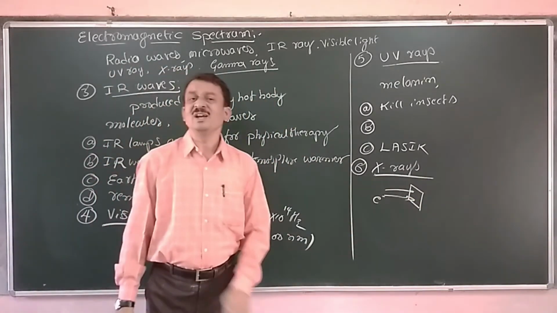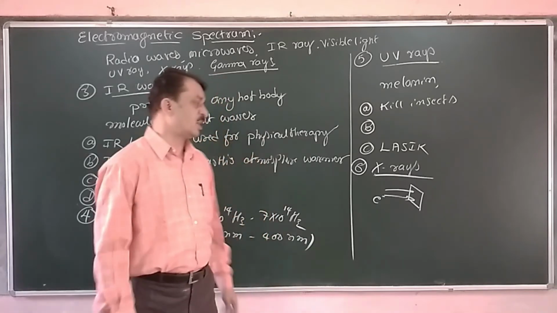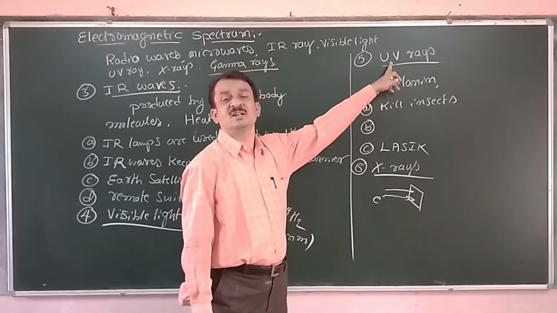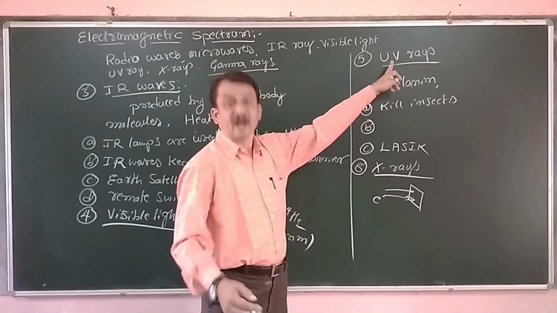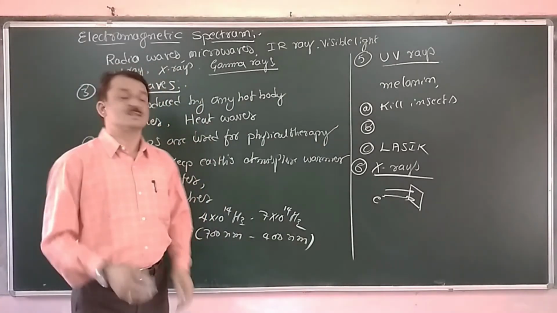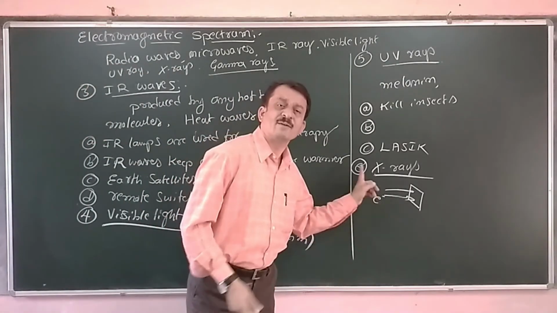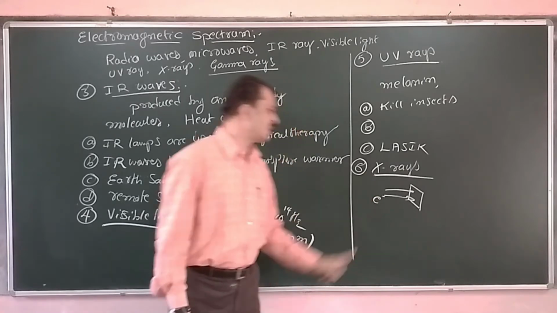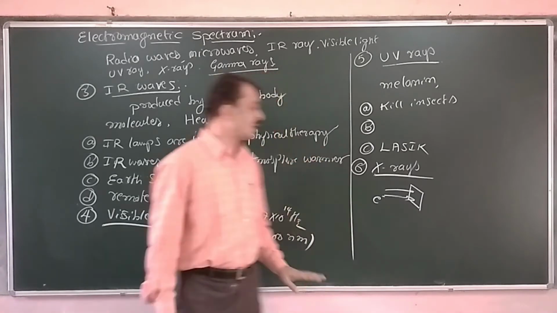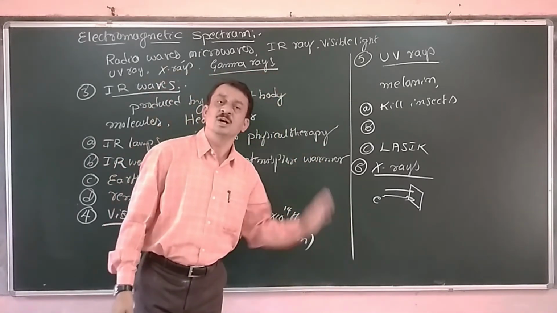It was discovered by Rontgen. And these rays have a little bit higher energy or higher frequency compared to the ultraviolet rays. Therefore, since they have higher energy and higher frequency, they have more penetration power. X-rays have more penetration power.